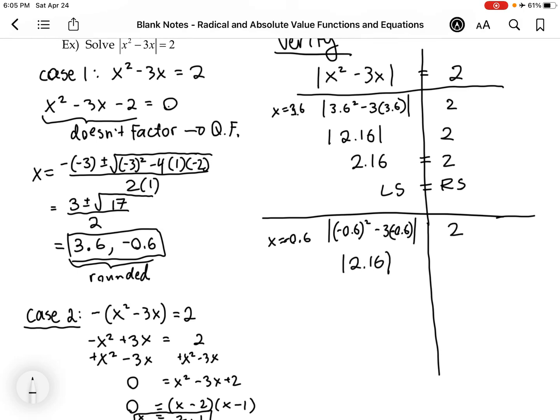And of course the right side is 2. So this is 2.16. So again, we get left side equals right side. Okay, so these are both good.